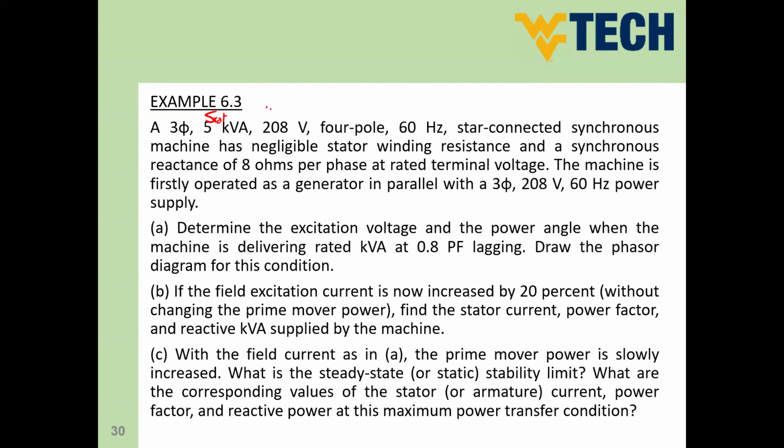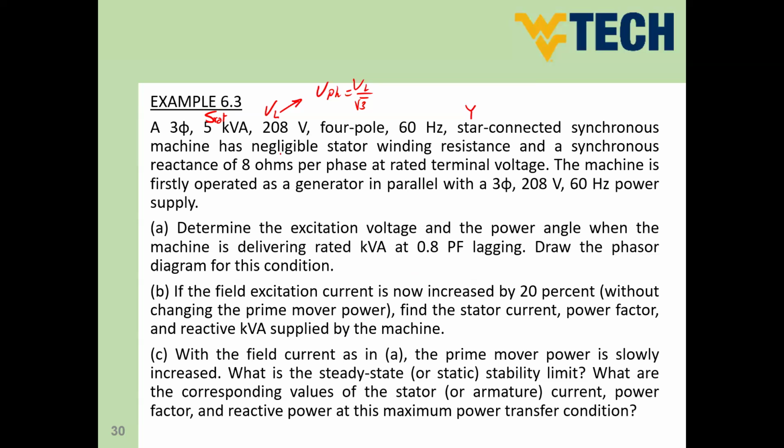208 is the value of the line. 4 poles, 60 hertz, star connected, so star is Y, a Y connected synchronous machine. So in this case, we can say that V line is 208, so V phase equals V line divided by root 3 because the machine is Y connected.